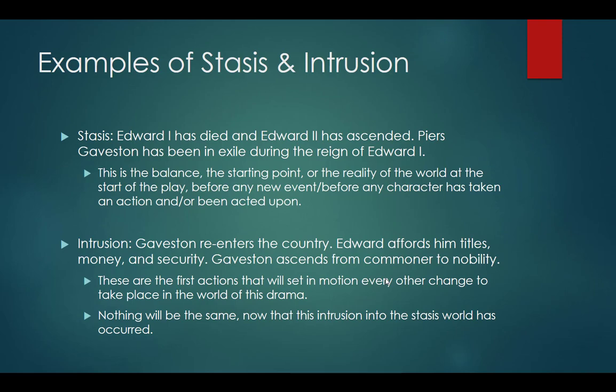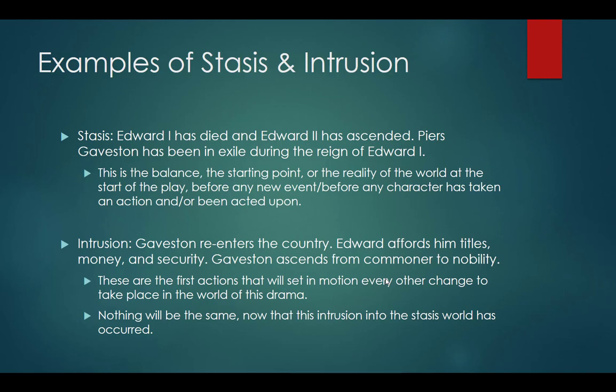In Edward II, that first intrusion happens with Gaveston re-entering the country. Everything will change from that point forward about the way of this world. And we know that change comes from Edward affording Gaveston titles and money and security. Gaveston basically ascends from a commoner who has been exiled to the level of nobility, with direct access to the king.